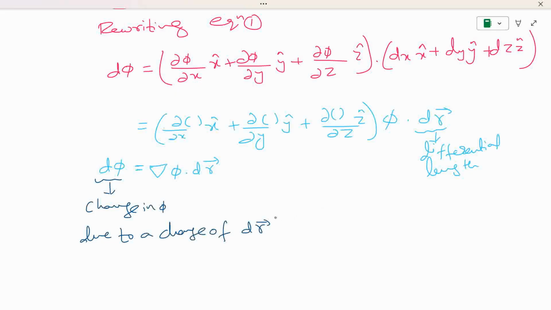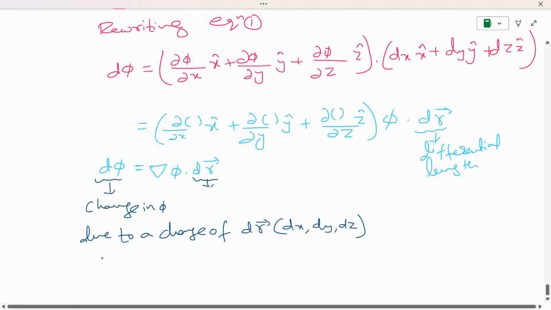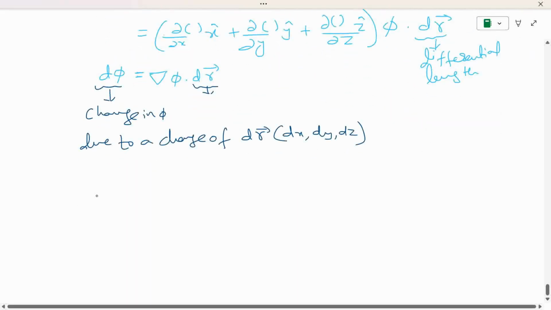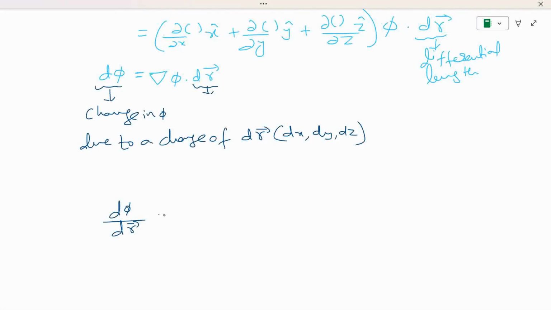So it can be considered as an infinitesimal change in xyz, so basically dx, dy, dz, and this is the dr itself. Now when we do d phi by dr, that will be equal to del phi.